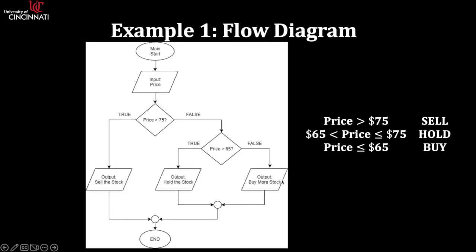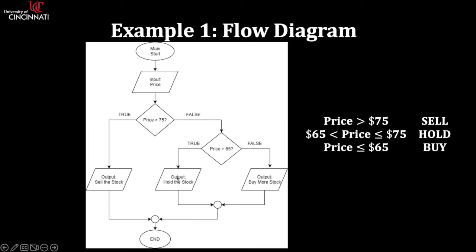Let's look at what the flowchart looks like for this problem before we move on to coding. We start the program, we input price, so we take in an input from the user. And then the first question we ask is: is the price greater than $75? If it's true, then we output sell the stock and end the program. If it's false, then we ask, is the price greater than $65? If this is false, that would mean the price lies between 65 and 75.